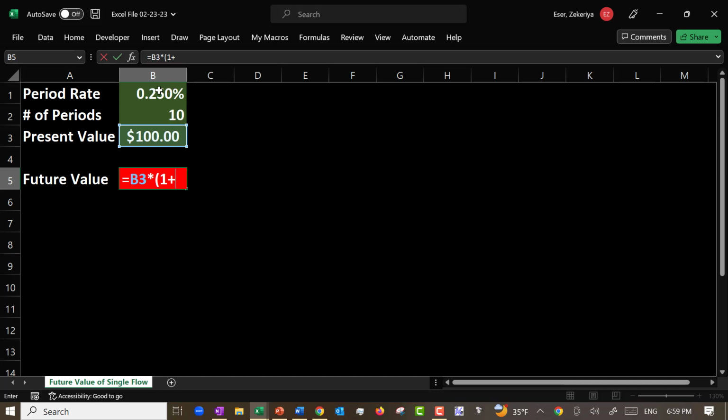There is r right here. So B1 means the value that currently resides in cell B1. That's it. Go there, grab it. Then we're going to raise it to the power number of periods.